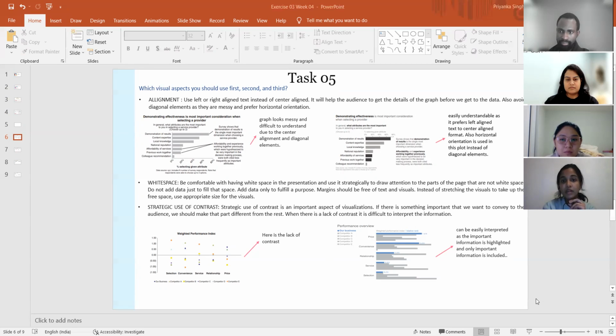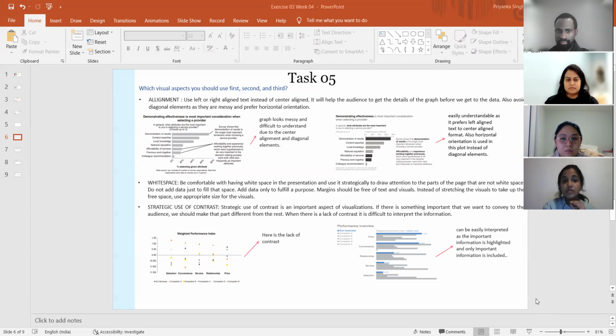As an example, from these two visuals, both plots represent the same data, but the first one is quite messy and difficult to interpret as the texts are centrally aligned and there are diagonal elements. But in the second plot, the texts are left aligned and the diagonal elements are avoided, so it's quite easy to interpret.